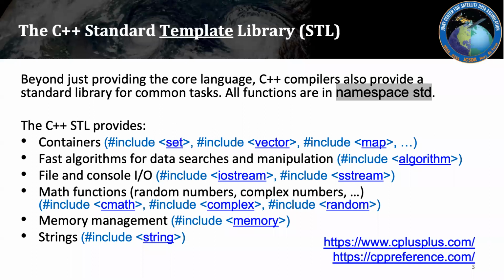So you can find containers of objects implemented with templates. You have algorithms that are also template based. And then even the input output for, say, your console is also template based. Same with strings, because you can have different potential types of strings, say with different character widths or different character sets. If you want to explore these further, I do recommend the links inside the slide.